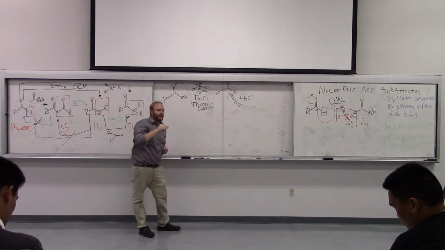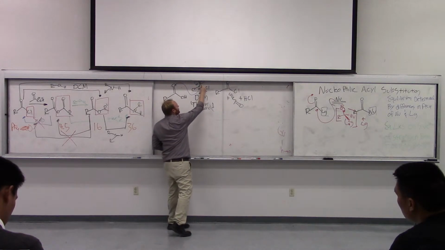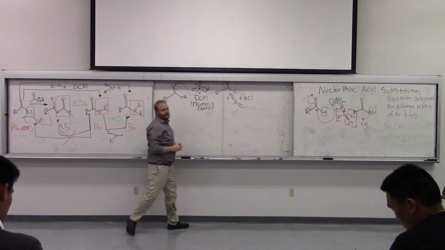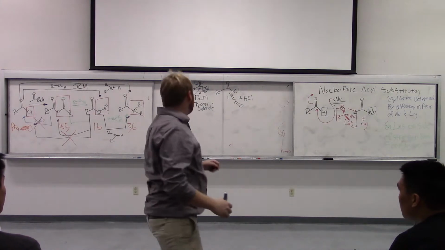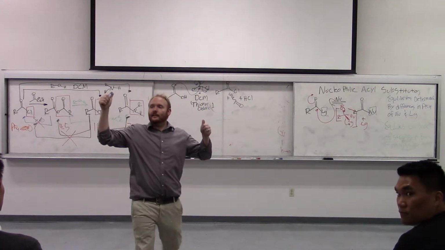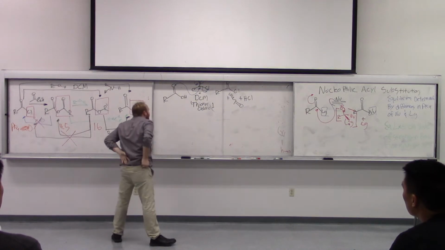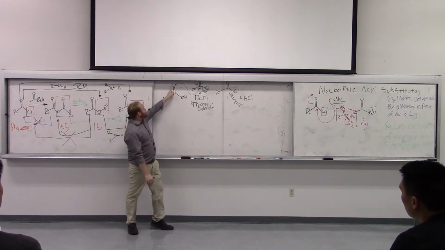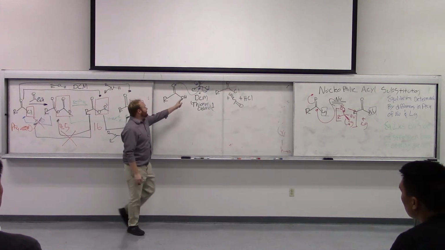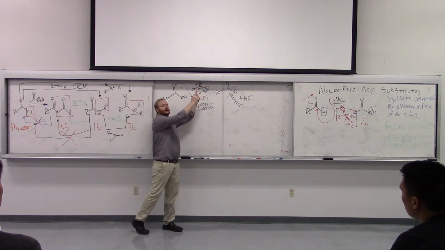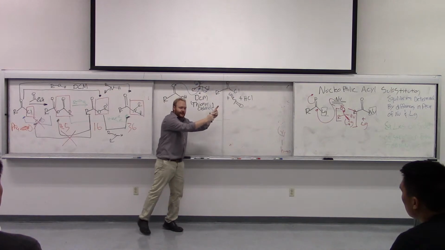Second arrow collapses the tetrahedral intermediate. And then the third arrow kicks it off. Can you guys see this? Can you guys see it okay? Yeah. All right. I just worry because it's a little light. So this will attack this, eventually the tetrahedral intermediate collapses, and kicks off Cl minus.